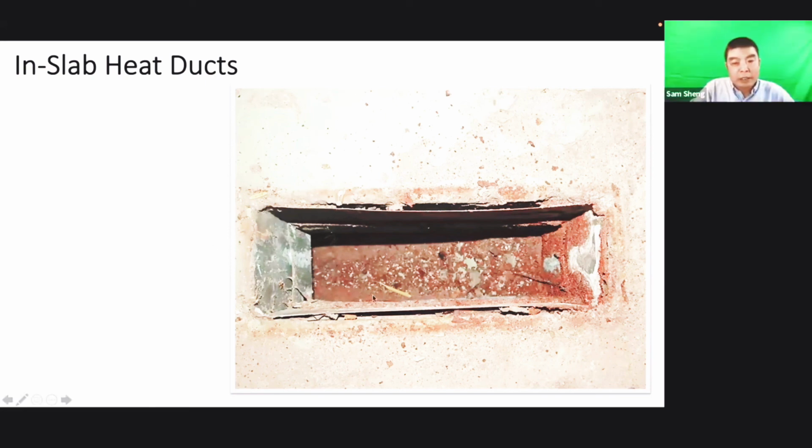Yeah, I was at a commercial building with an in-slab heat duct system like this in Saskatchewan. There's a lot of flooding in Saskatchewan because the water penetrates into the basement or duct system, and that causes lots of trouble.